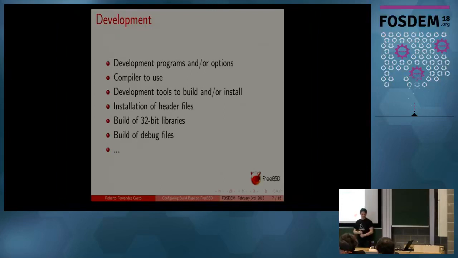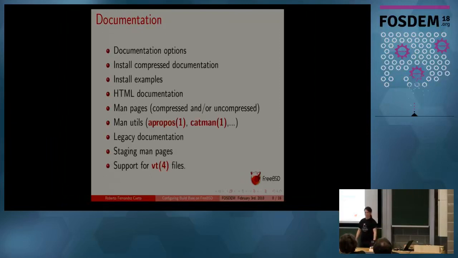If we want header files on the final system, which in embedded platforms are not necessary at all, and they occupy a lot of space. So if we want to build 32-bit libraries and build debug files for debug information in the platform, or just not. It depends a little bit.